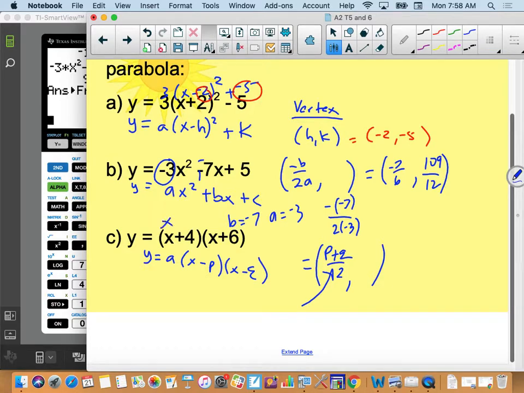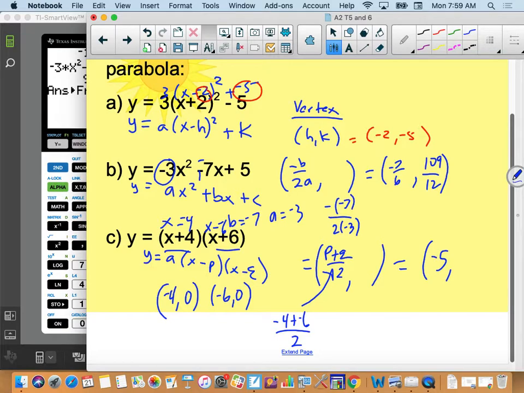If I change these to minus and negative, the x-intercepts are negative 4 and negative 6. Those are the zeros of this quadratic equation. They're the values that make each factor 0. So if I add negative 4 and negative 6 together and divide by 2, you're going to get negative 5.